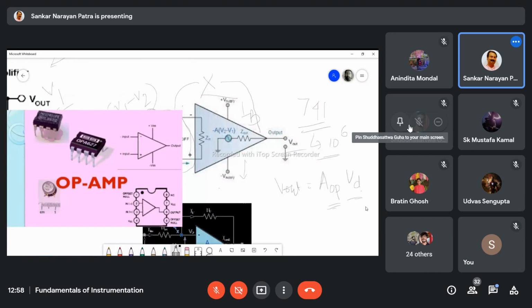This is the IC 741, the first IC in your life that you are going to study. In the future, in 4 years, you may study more than 10 or 20 ICs, but this is the first IC you are going to study. What is the IC number? It is 741. What is the diode number normally used in basic electronics?